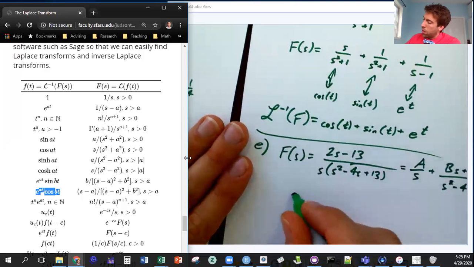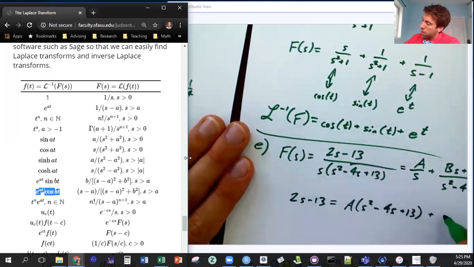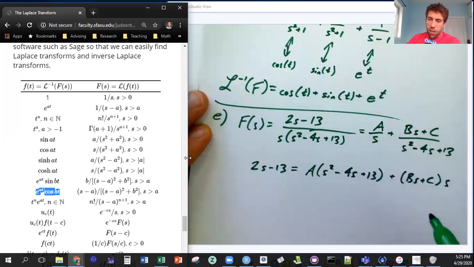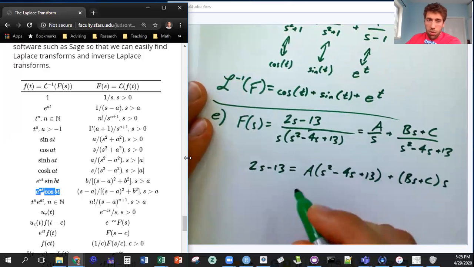That's going to mean that 2s minus 13, I'm just going to skip a middle step here, equals A times s squared minus 4s plus 13, plus Bs plus C times s. Let's get this so that it's all s squareds, s's, and just normal numbers.